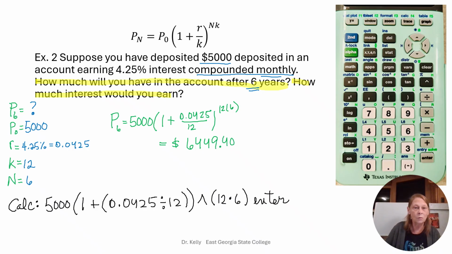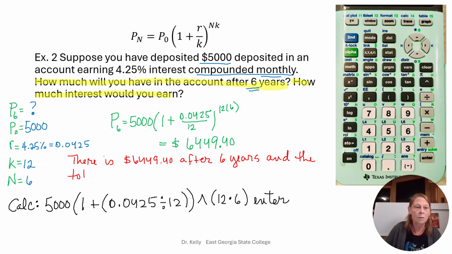And our sentence would be, we're not done yet, but this sentence would be, there is $6,449.40 after 6 years, and the total interest earned would be, and let's figure that out.